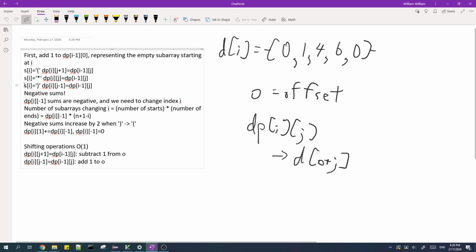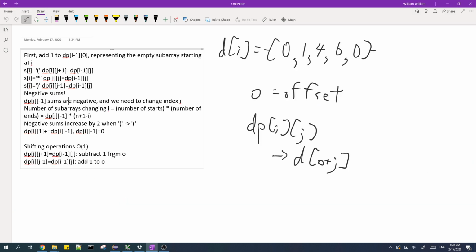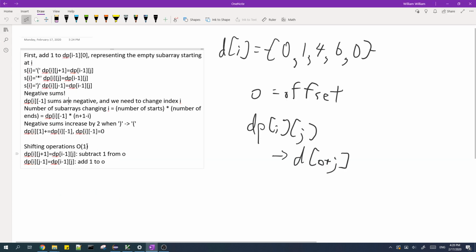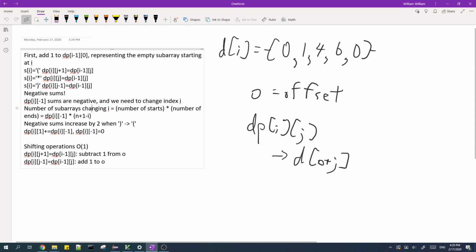we need to process the negative sums that we might have. So first we need to calculate the contribution of i, and then we need to add 2 to the negative sums. So for this part, basically I use this formula over here.